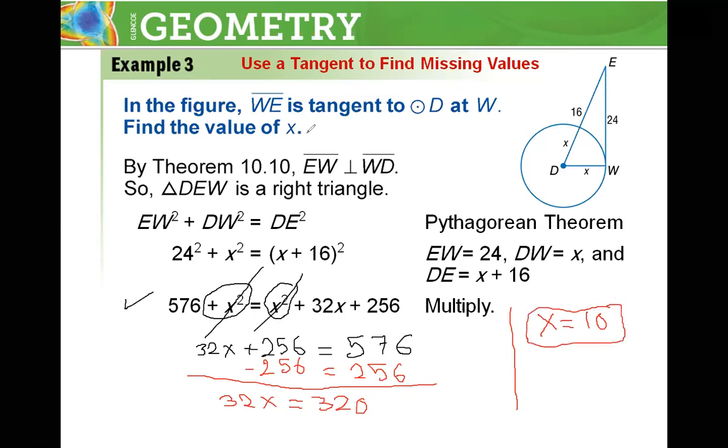So I get the value of x as needed in the beginning of the problem. Again, from the beginning, as we start reading the problem, we get the information that WE is a tangent. Tangent means this angle is 90.